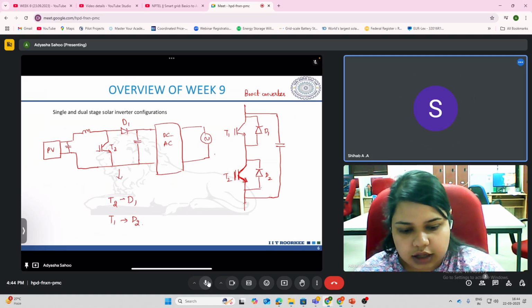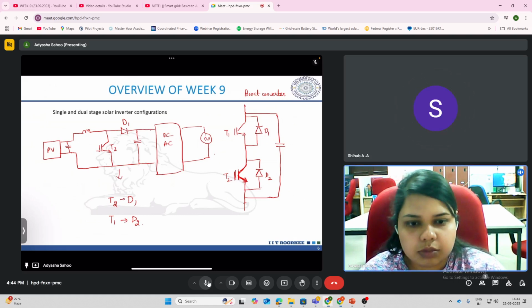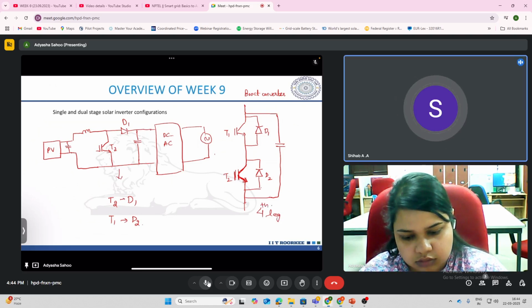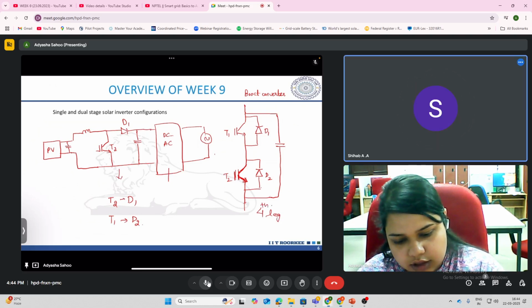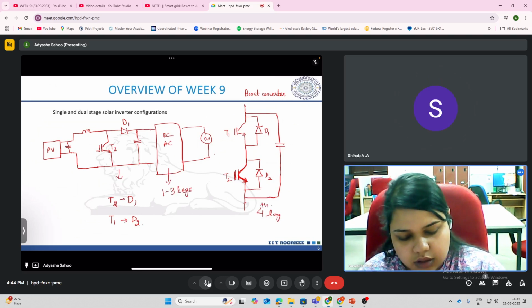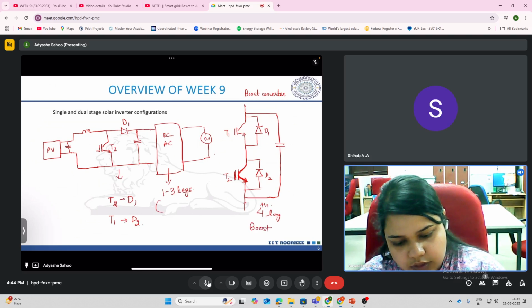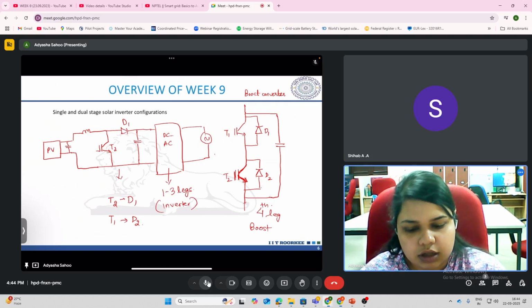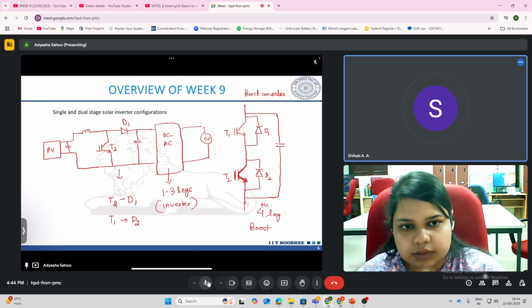And that will be used from the IGBT stack, from the fourth leg. Here you have used one, two, three legs, and the fourth leg is for the boost converter. One, two, three legs are for the inverter. So the complete Semikron IGBT stack is utilized for this experiment.